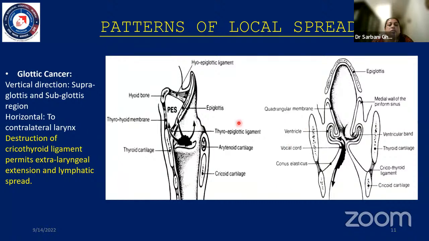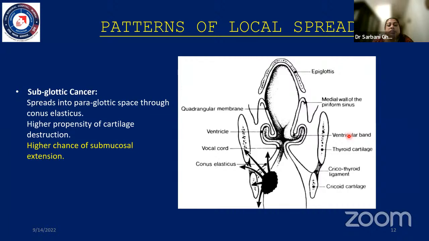Now coming to glottic cancers per se, vertically, of course, it could spread to the supraglottic structures, inferiorly to the subglottis, and on the contralateral side to the opposite vocal cord. Now, subglottic cancers spread into the paraglottic space through the conus elasticus.